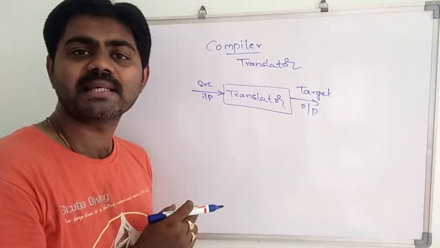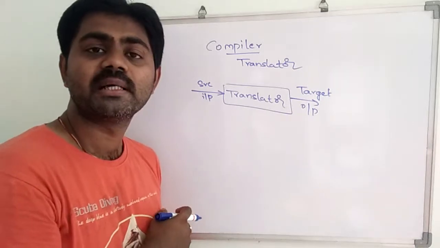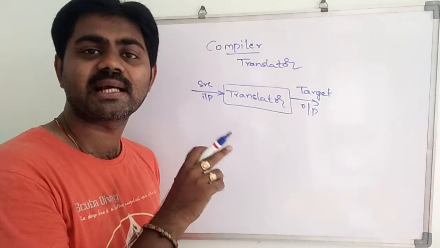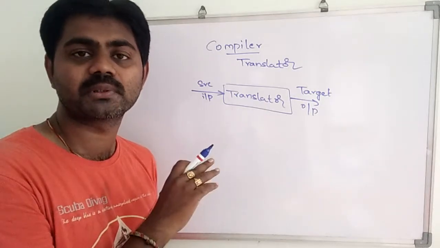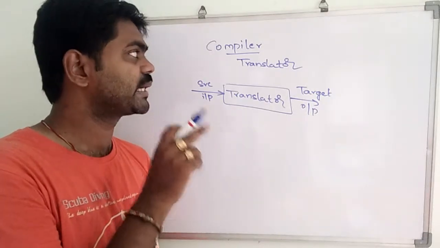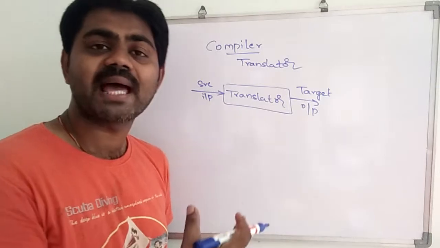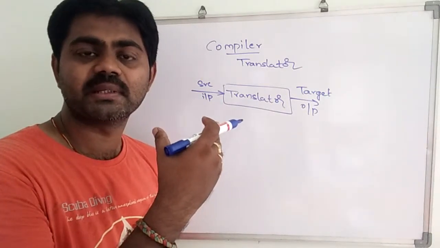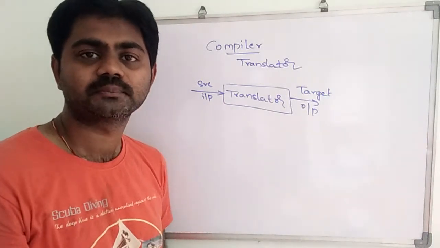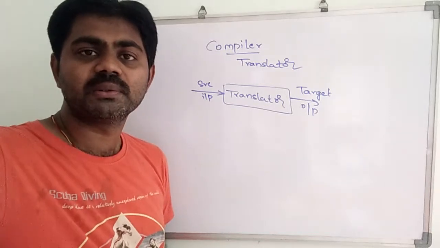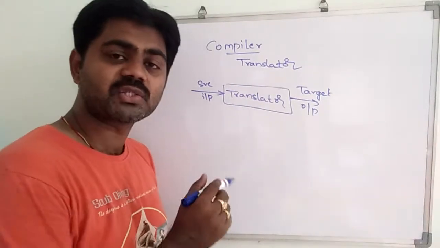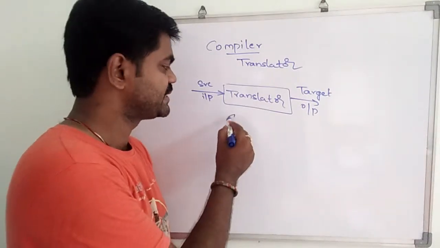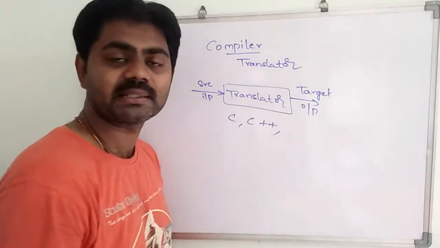We give input as a source input, and this translator converts that to a target output, which is different from the source input. A compiler scans each and every statement from left to right. I hope you understood what a compiler is. Here the source language can be C, C++, and so on.